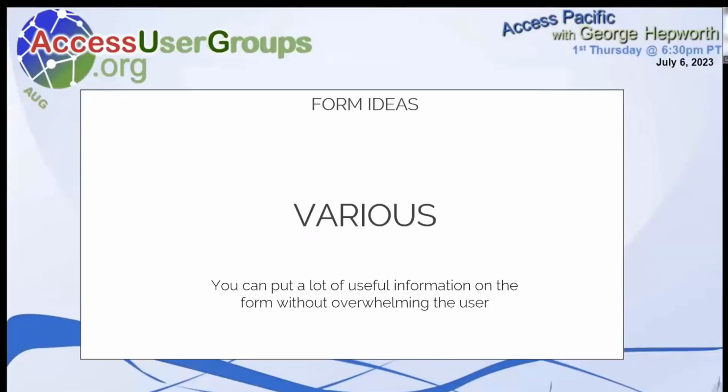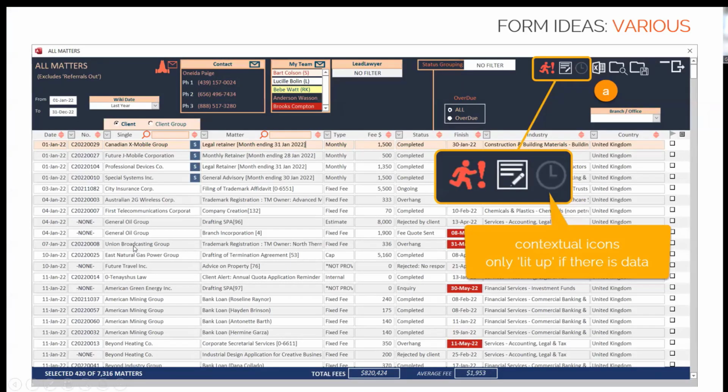So, various ideas. You can put a lot of useful information on a form without overwhelming the user. This particular form, for the client requirements, has a lot of columns, but there is other information available. As we select a job, where each row represents a client job, there are icons that are either hidden, grayed out or lit up according to the available data.